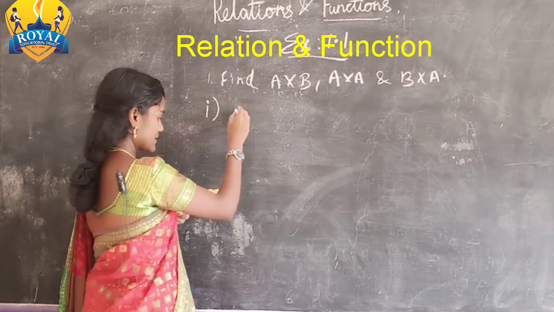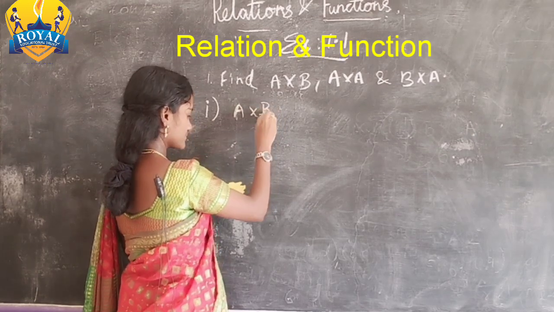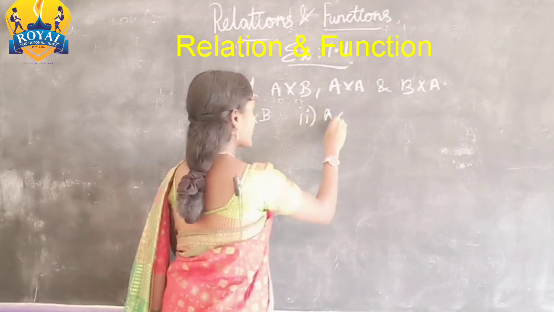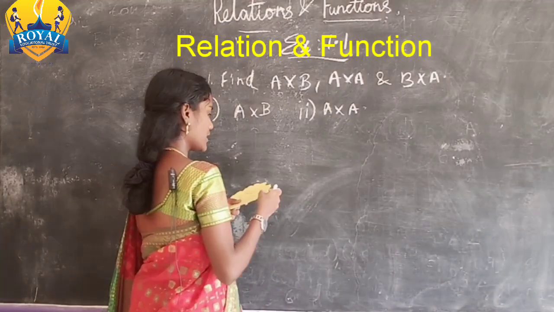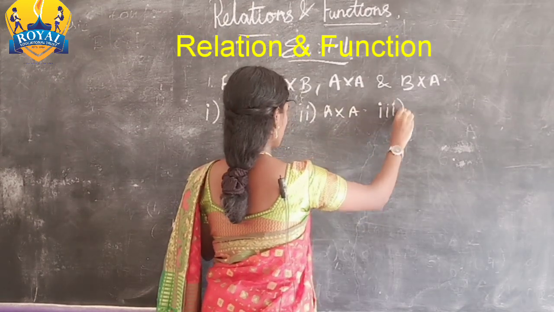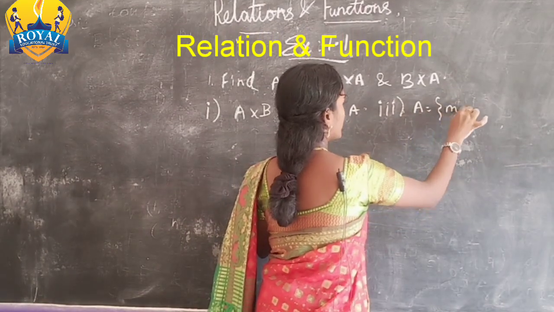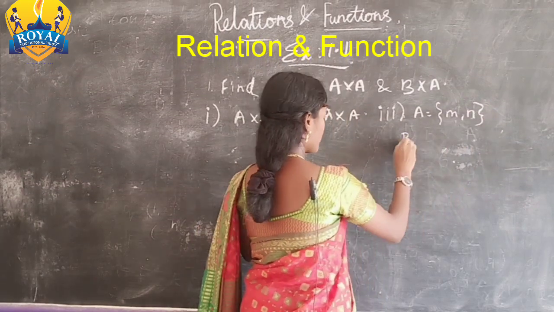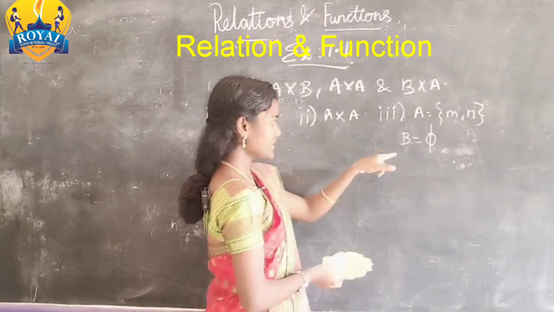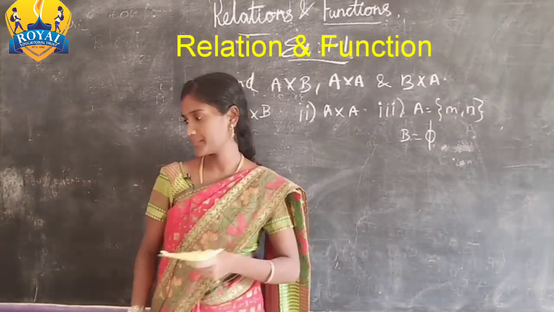The first one is A cross B. The second one is A cross A. The third one is A is equal to {M, N}, B is equal to the null set. They will give the questions.